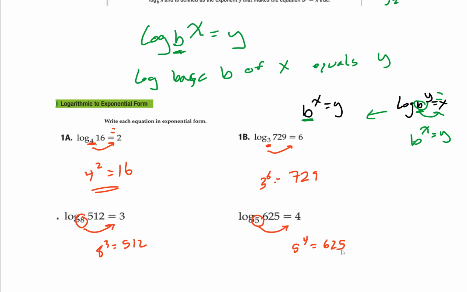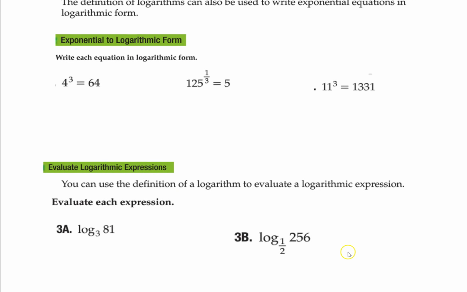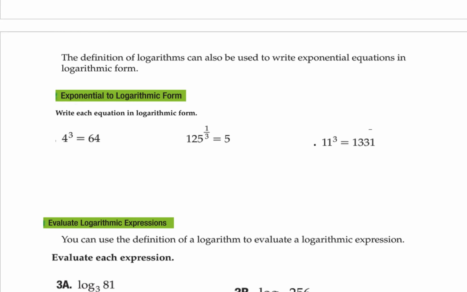So the next step, naturally, is to go the opposite way. Let's go from exponential to log. I want you to write this as a log. Well, it's the same concept. Find the base. The base is the same for both of them. Base to the answer equals the power, so log base b of y equals x.